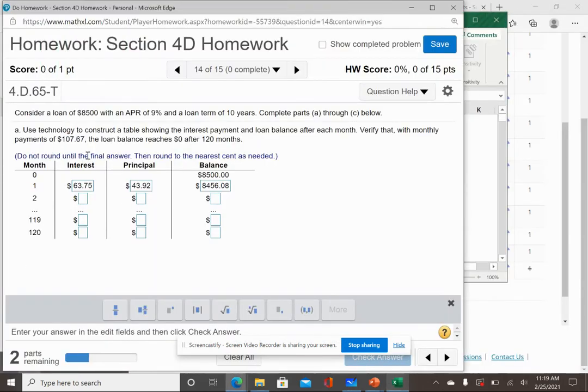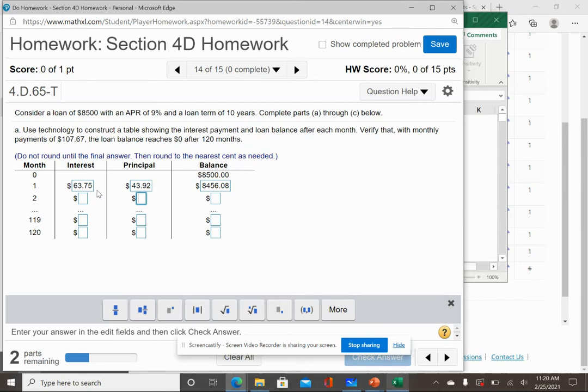So I jotted those values down. I'm going to come back over to my MATLAB problem. I'm going to insert that information. So $44.25 is the principal amount. Oops, I put it in the wrong place. Let's fix that.